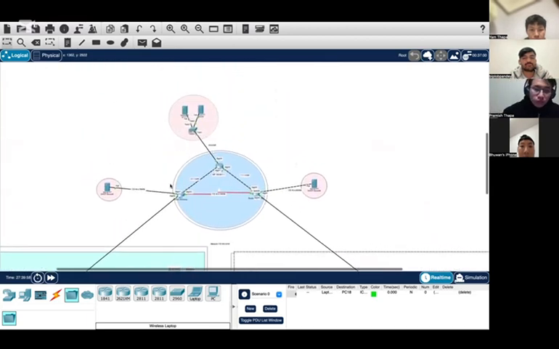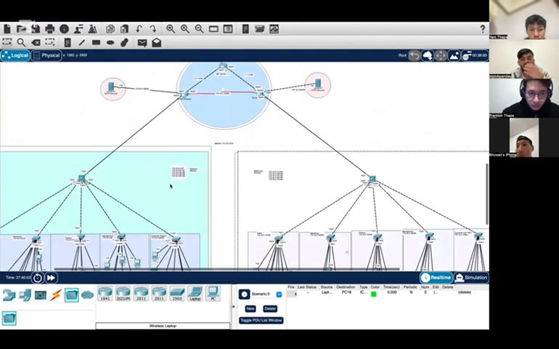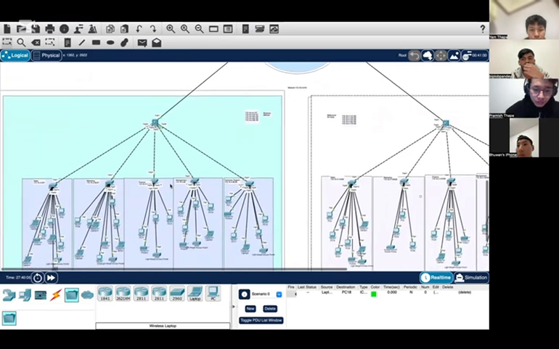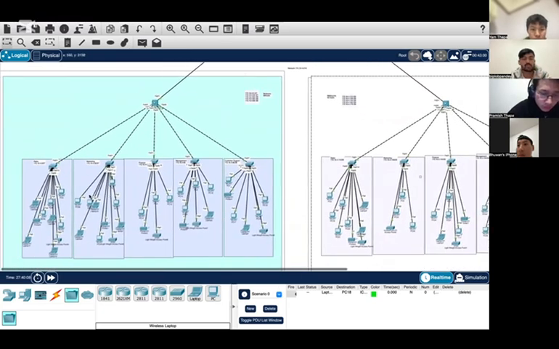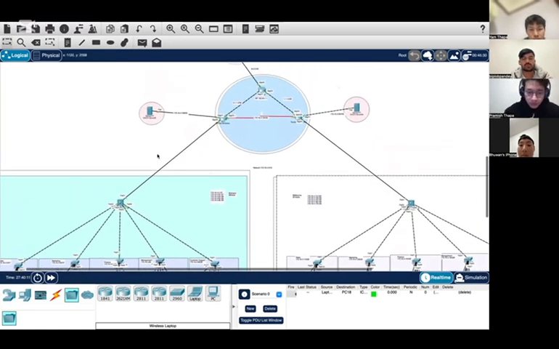Our network 172.16.4.0/16 is divided by VLSM according to the user requirements, so that we don't waste any extra IP addresses.